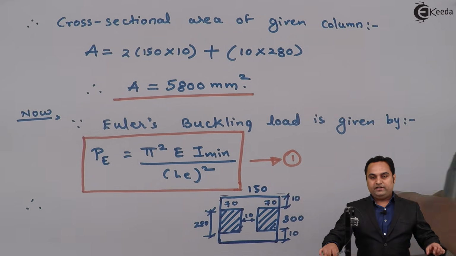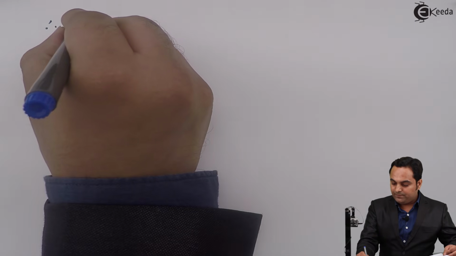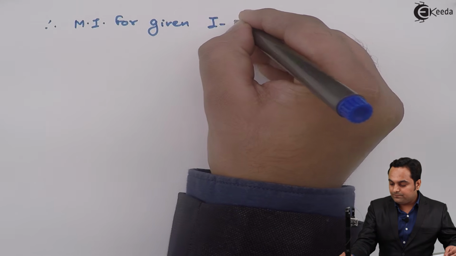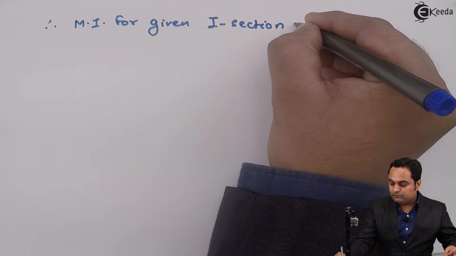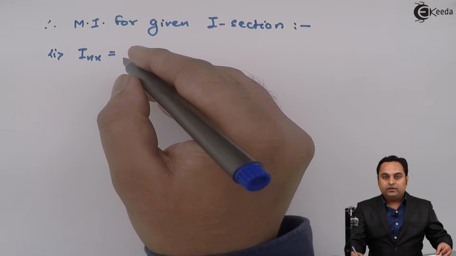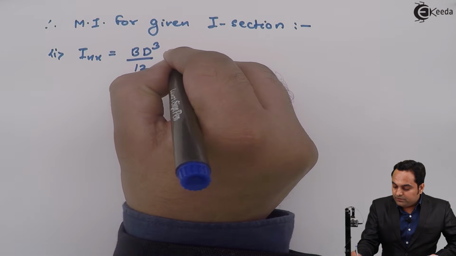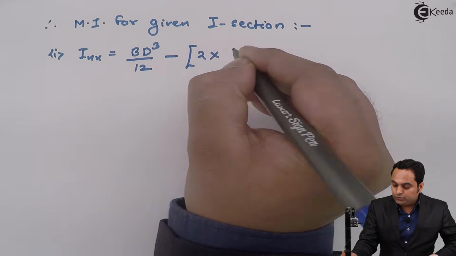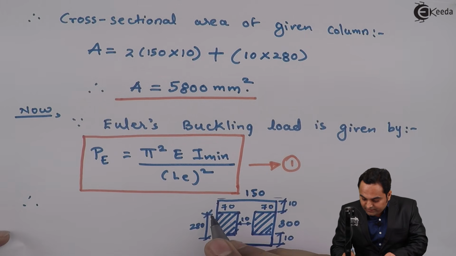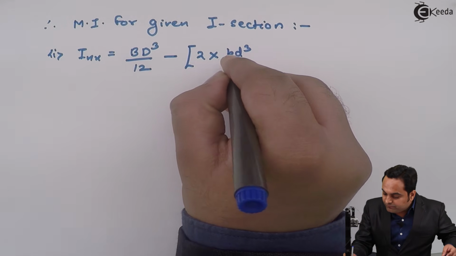Here we are going to find the moment of inertia. I'll write it on the next page. Therefore the moment of inertia for the given I section, first about the x-axis, Ix will be, as I have told, capital BD cube by 12 for the complete rectangle, from which we subtract 2 into the smaller rectangle. One small rectangle has a width of 70 and a height of 280, so this is small bd cube by 12.